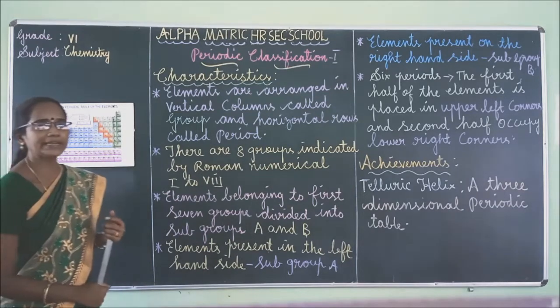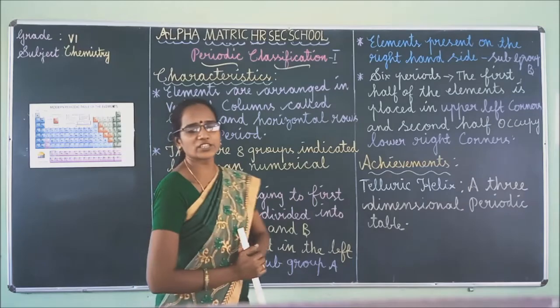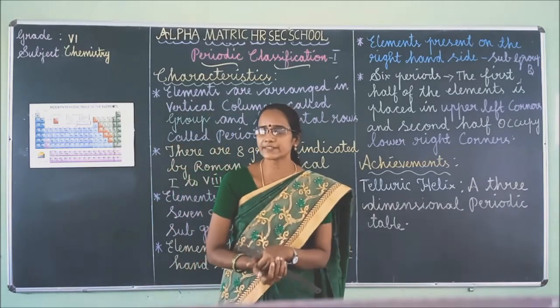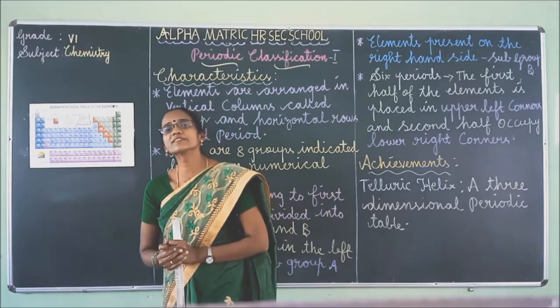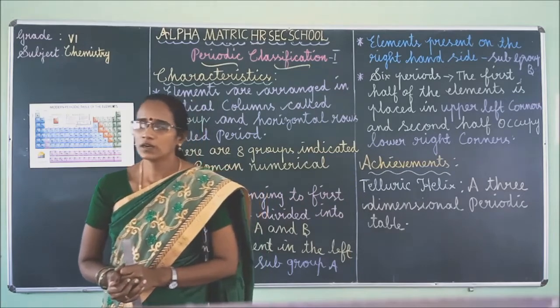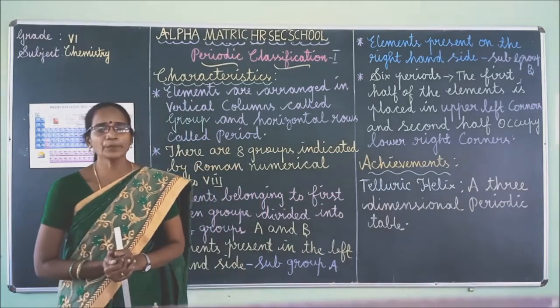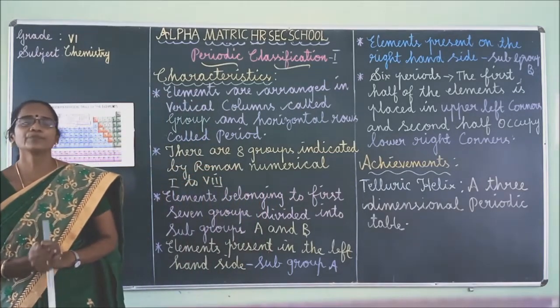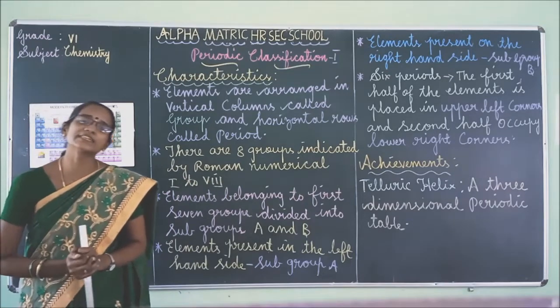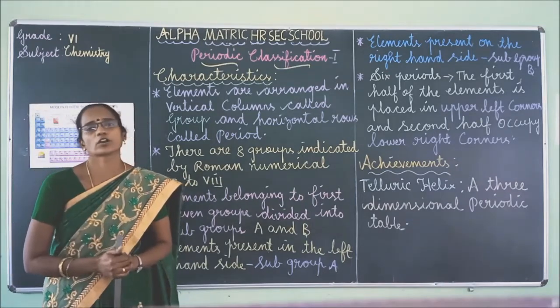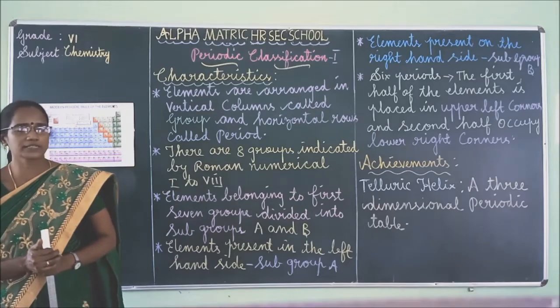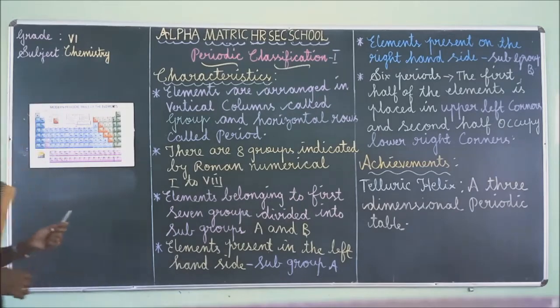So there are 18 groups in the periodic table. What are called periods? What are called groups? Periods means the horizontal rows, and there are 7 periods in the periodic table. The vertical columns, starting from top to bottom, are called groups. There are 18 groups in the periodic table, right?